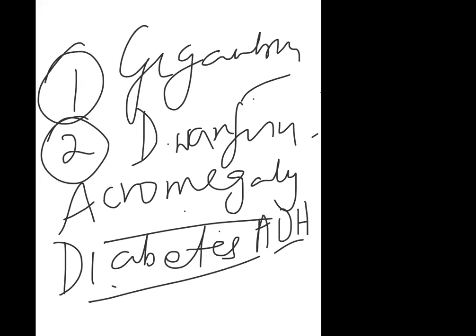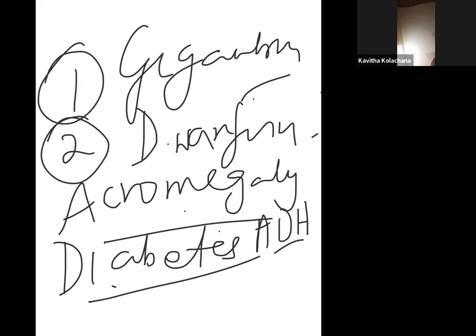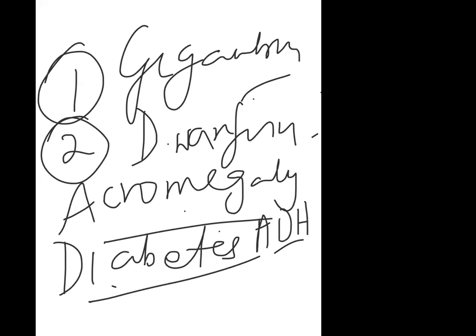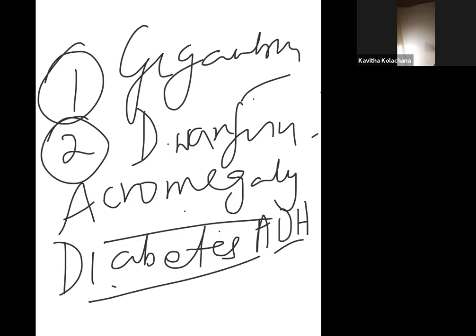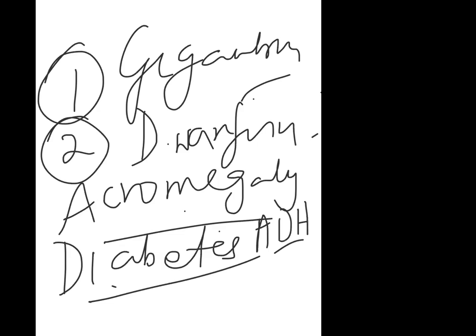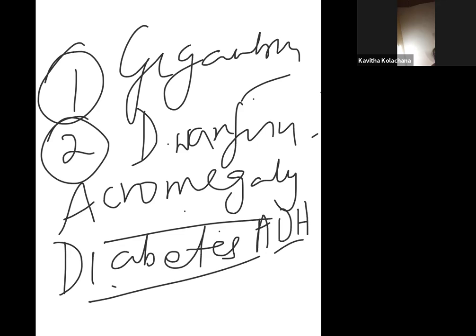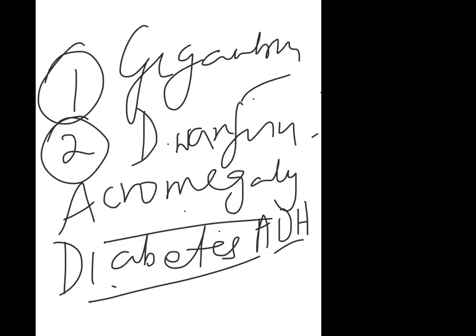Other than this, do you know any other features of the pituitary gland? I have some more. Any other thing you have come across? What is myxedema? Hyposecretion of thyroid in adults.